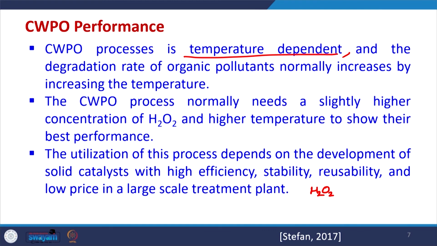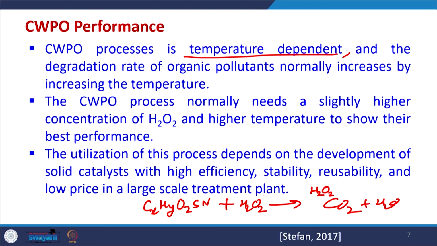We can always perform some calculation beforehand. Suppose the compound is CxHyOz or contains sulfur, nitrogen, etc. We can calculate the requirement for converting it into CO2, H2O, etc., and from this we know the stoichiometric H2O2 requirement.